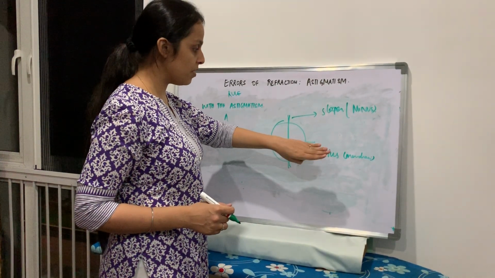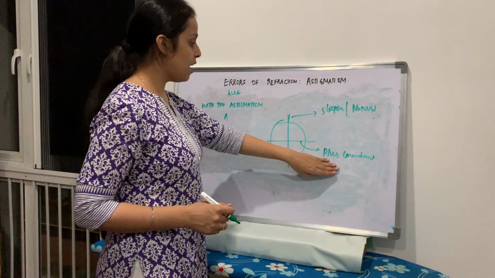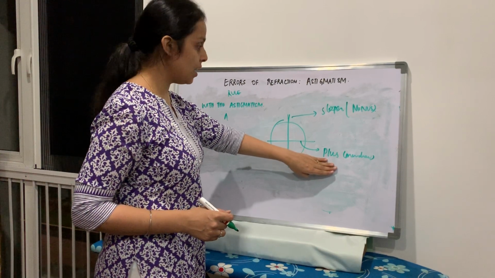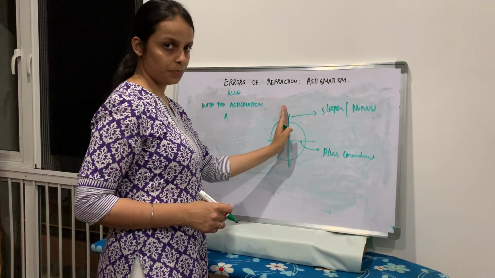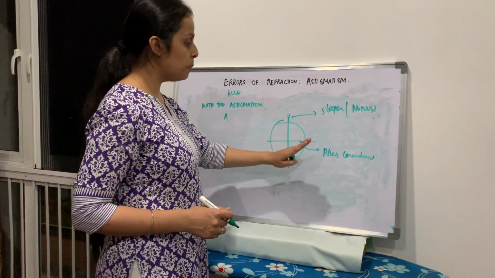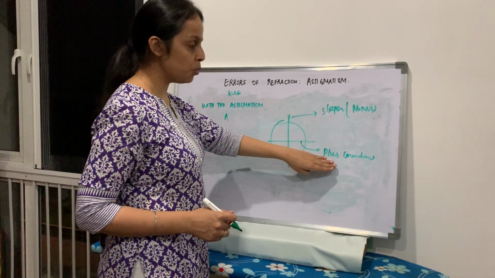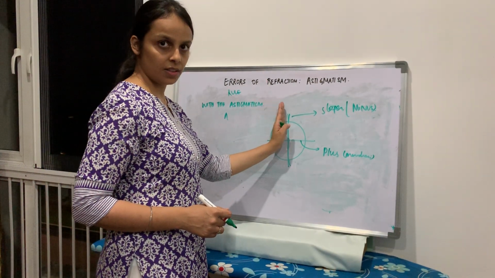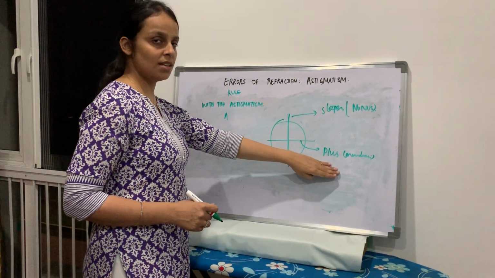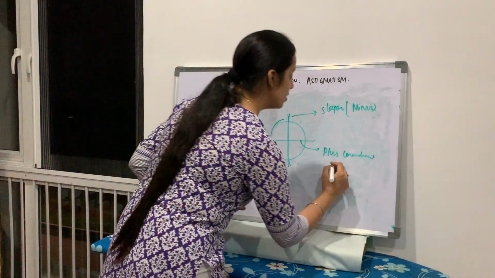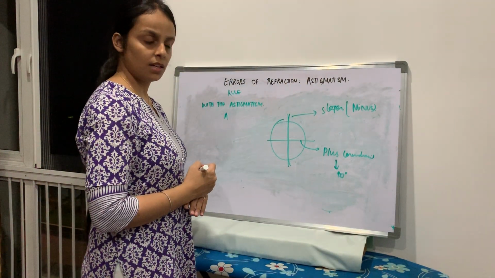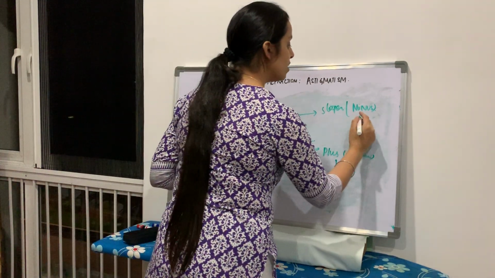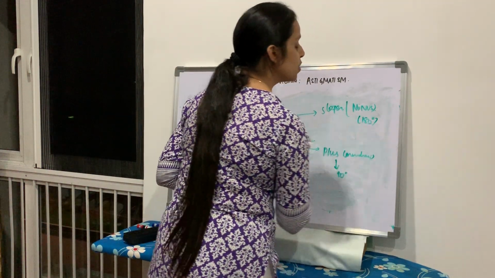So if I want plus power here, I have to prescribe it at an axis of 90 degrees. So you need plus cylinder at 90 degrees in these patients, and you want minus cylinders at 180 degrees.